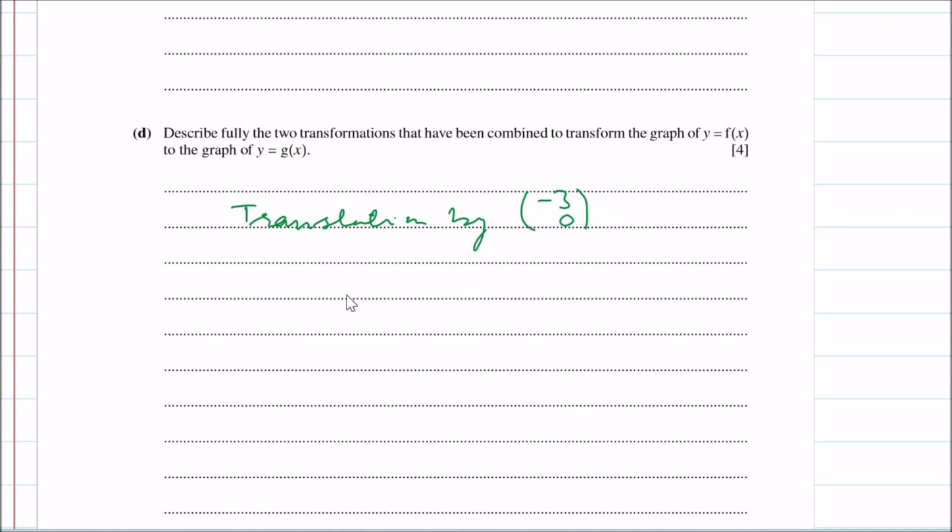So we'll write -3, 0. And the other transformation is stretch by a scale factor equal to 2 in y direction, because it is vertical. So we can write y direction or vertical stretch.